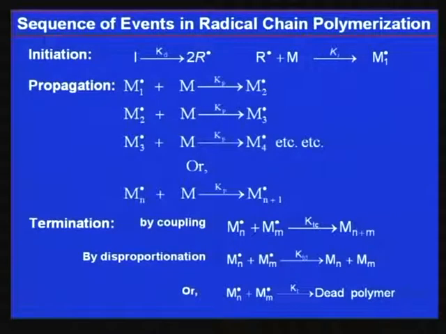Now, let us see the sequence of events that occurs in radical chain polymerization. Again, we must say some steps can be identified as initiation, propagation, termination of polymer growth. So, in the synthesis of a polymer from a monomer by addition chain reaction principle, it needs an initiator system to initiate the polymerization of an olefinic monomer.